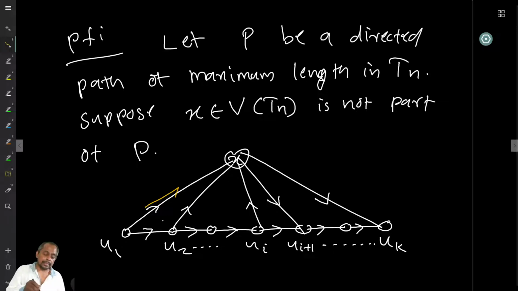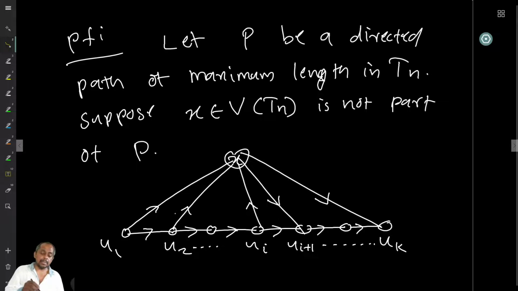I know that direction is this way. I look at u2. Is the direction going up or down? Maybe it is up. I go further like this, because at the end I know that the direction is going from x to uk. At some point I must have that the direction is going down here.